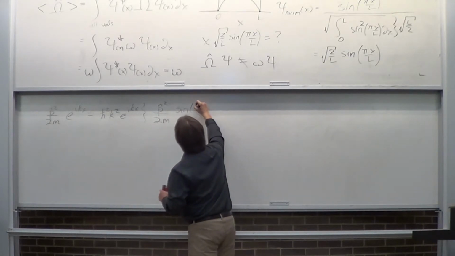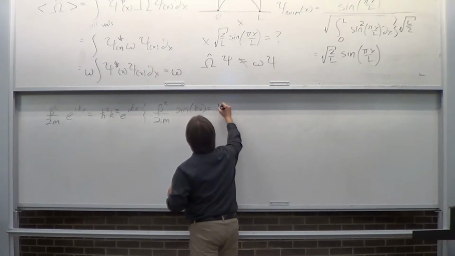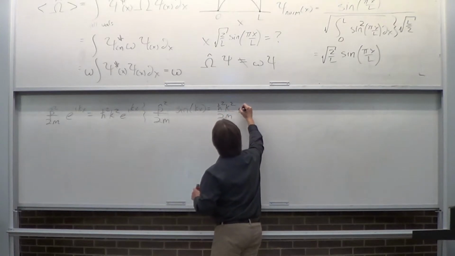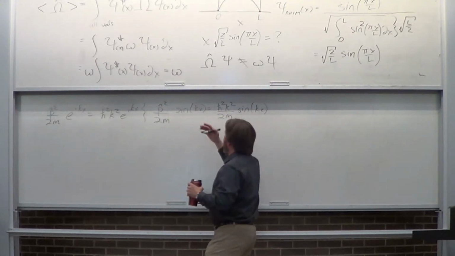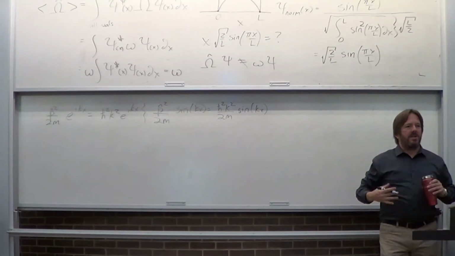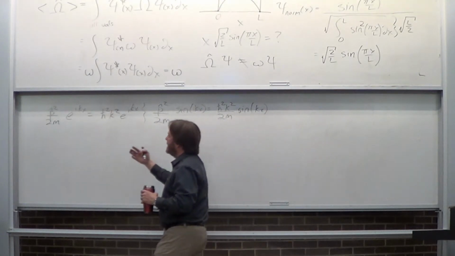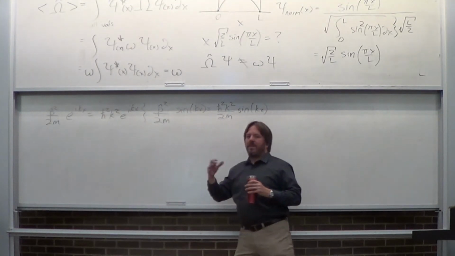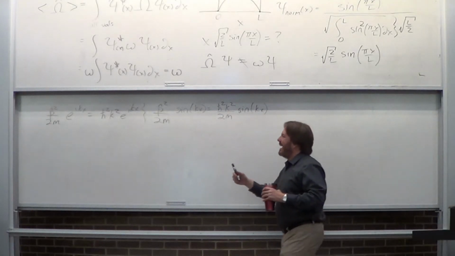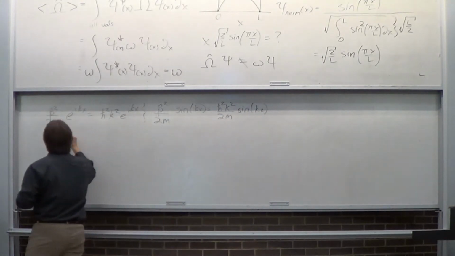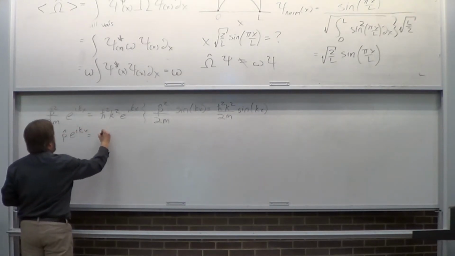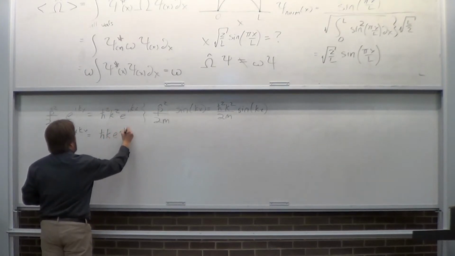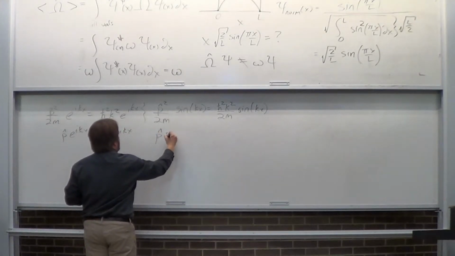Better have an x in it. ħ²k² over 2m sin(kx). This guy is an eigenfunction of kinetic energy, the Hamiltonian. e^(ikx) is an eigenfunction of kinetic energy, the Hamiltonian. But e^(ikx), it's okay with momentum. This one is okay with momentum. This one is not.